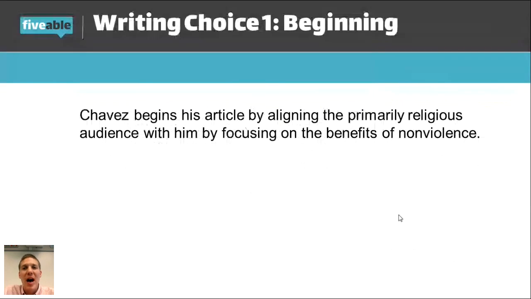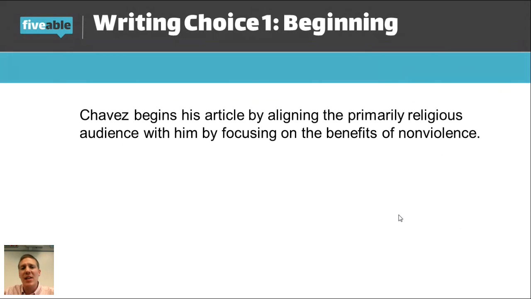Now we're going to pause. I've identified the shifts for us tonight. So this is like the first third of an essay. If I have 3 body paragraphs in my essay, I would chunk it to say, in the beginning, this is what Chavez is doing. So Chavez begins his article by aligning the primarily religious audience with him by focusing on the benefits of nonviolence.